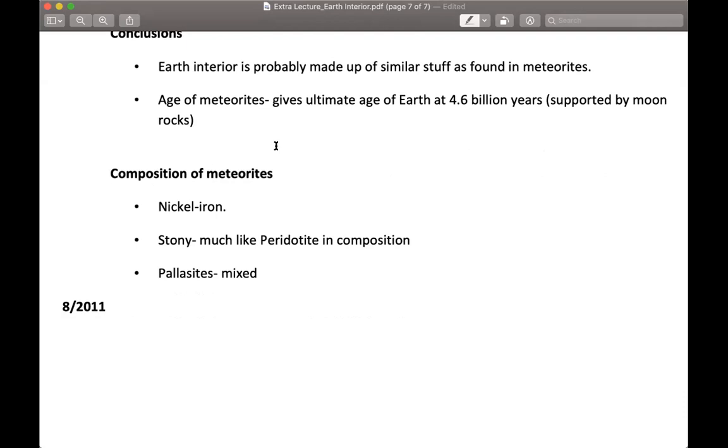So most of these meteorites, as you can guess, should have an age similar to the age of the Earth, 4.6, because the meteorites which were available at that time are still there in the meteorite belt. So they should give basically an age similar to that time, right? Of course, there should be some older meteorites as well, because the age of the solar system is about 12 or 14 million years.